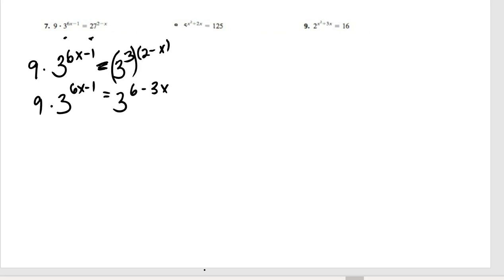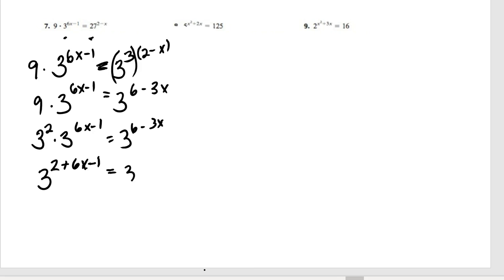Okay, so now that we have the bases the same, let's look at this number in the front, 9. Could we rewrite that as a base 3? We could. 3 squared. Now, let's think about our properties of exponents. When I have like bases, I add the exponents. So I could rewrite this as 3 raised to the 2 plus 6x minus 1. Well, super.